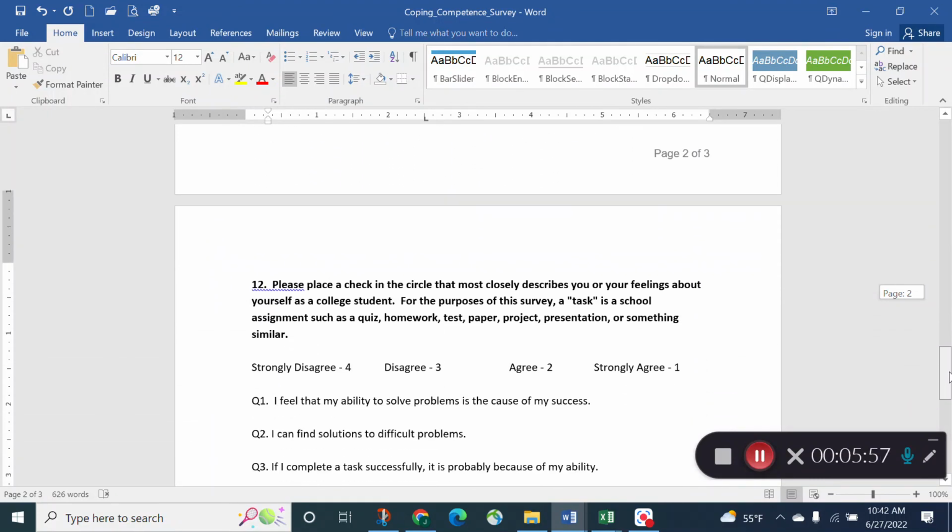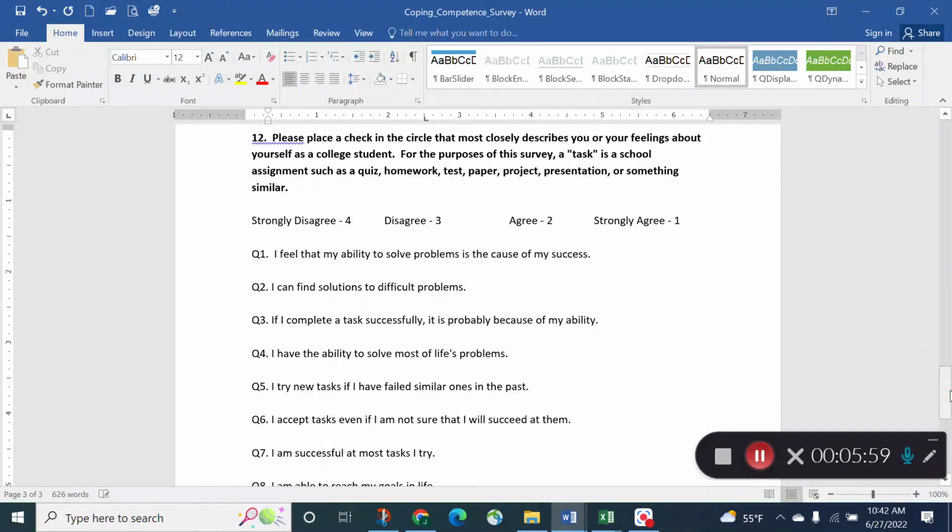And then question 12 is sort of the same thing. Again, people are answering questions about themselves as a college student. The verbiage here in some of these talks about a task. So a task, for the purposes of this, is work that they did as a student.